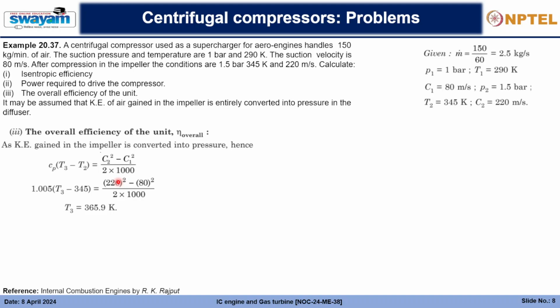So that's at the diffuser section. So the kinetic energy of the impeller is converted into pressure. So from here we will get the values at the outlet of the diffuser section, and that is the temperature to be this much.